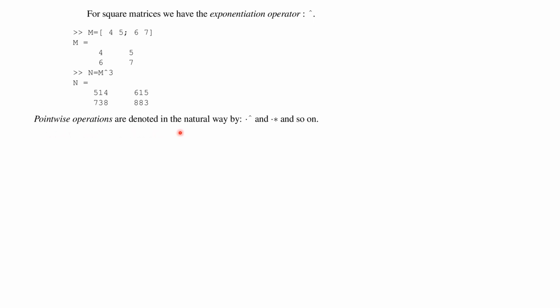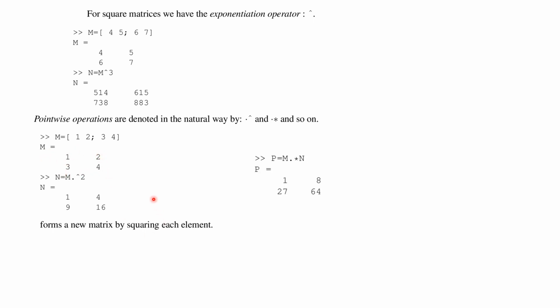We've also got the pointwise operations, and that is indicated with this little point here. So, for example, if here is M, the pointwise square of M is that matrix which is obtained by taking the square of all of the elements in M. So if we have a matrix M and N, there's the matrix N, there's the matrix M, we can form the pointwise product of the two.